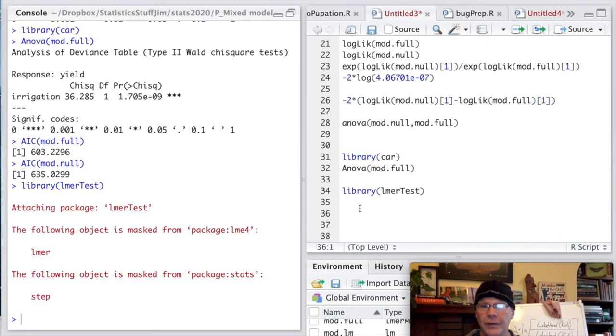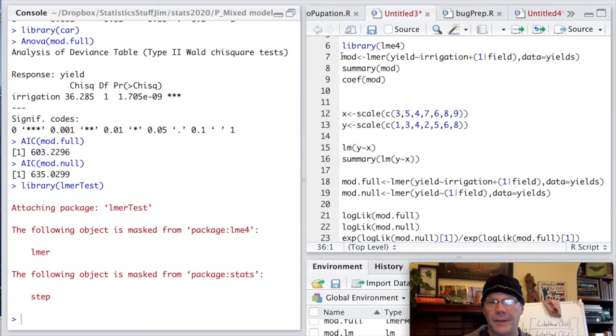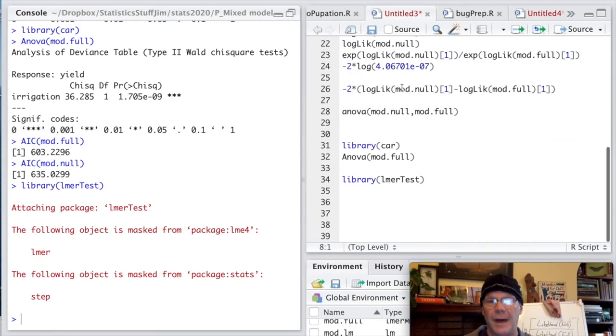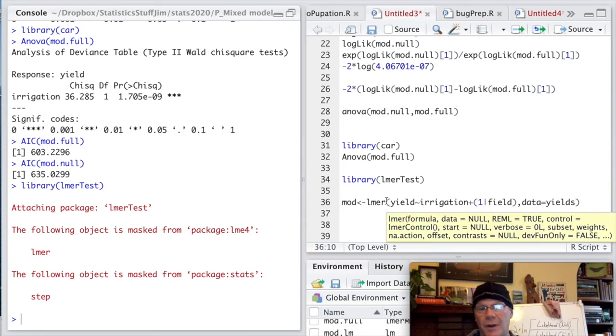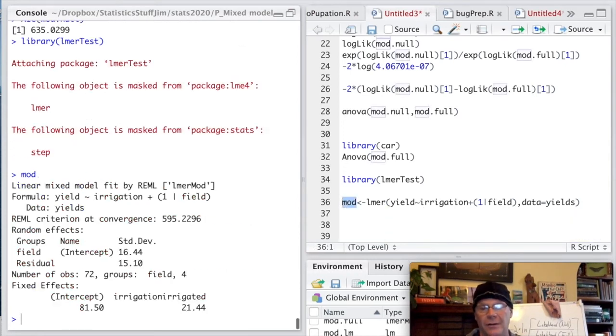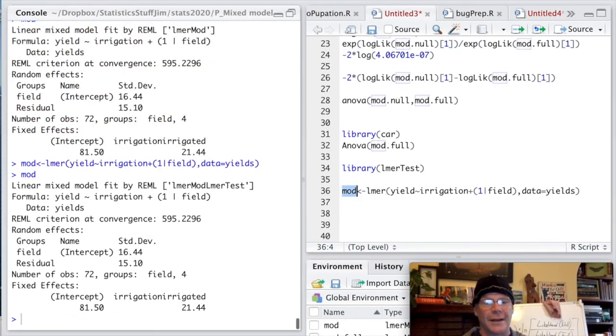But since we have that, I'm going to go back up here and cut and paste this. I'm going to have to rerun this model using the lmer function again, because right now my version of this model was created by the lme4 package, and now when I run it again, it's being created by the lmerTest package.